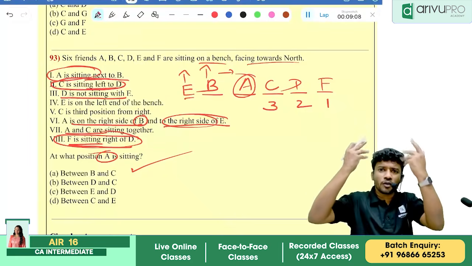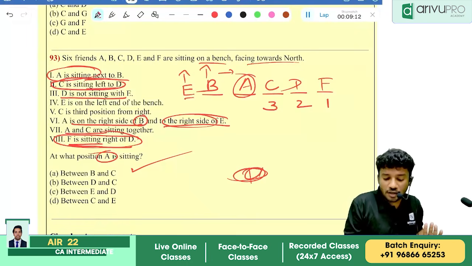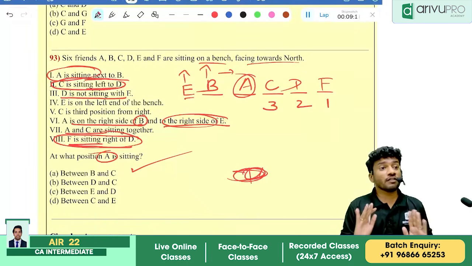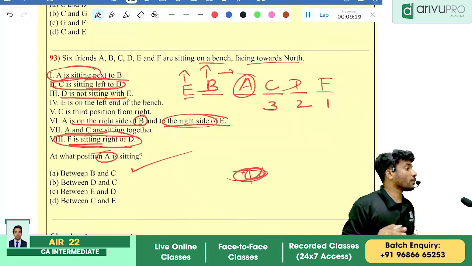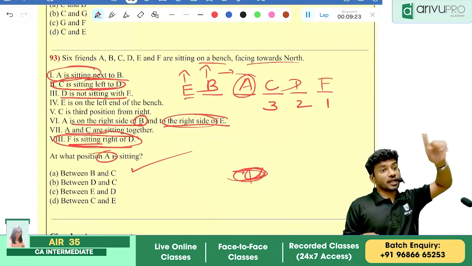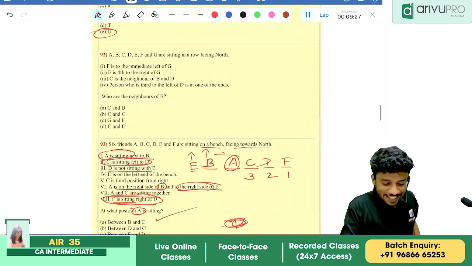That means it's already gone for you. So never spend more than 90 seconds for any question from logical reasoning. Even if you get it, you will take 3 or 4 minutes. 4 minutes for 1 mark is too much. If it is a question you know, then do it. Otherwise, don't. Next one.